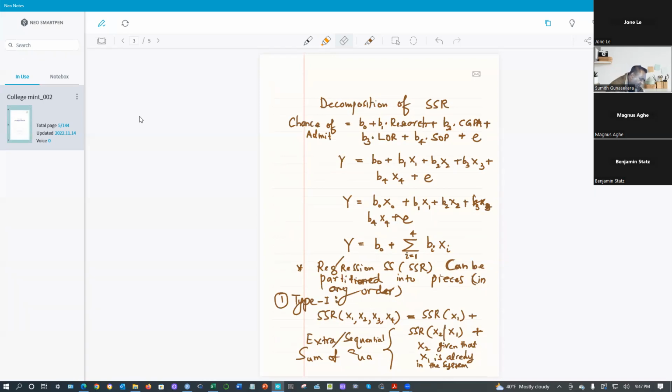Look at type 1. Let's see what we can get from type 1.